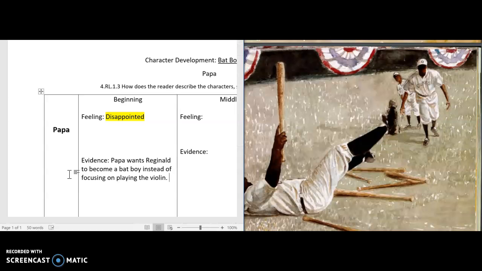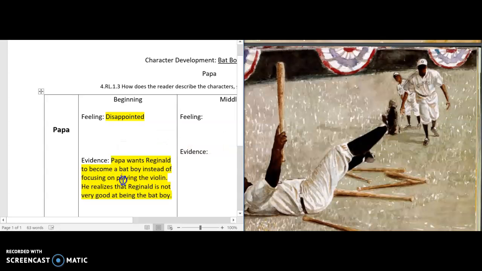Now, we also consider this part in the story to still be part of the beginning. So he's also still disappointed, but now he's disappointed with something else. He realizes that Reginald is not very good at being a bat boy. Again, still supporting that Papa is somewhat disappointed at this point in the story.